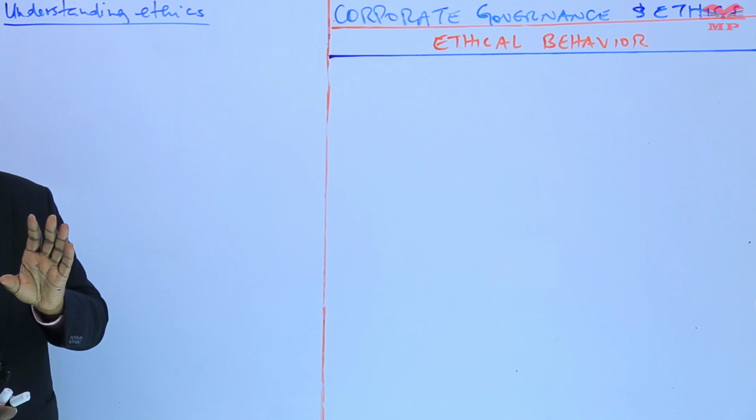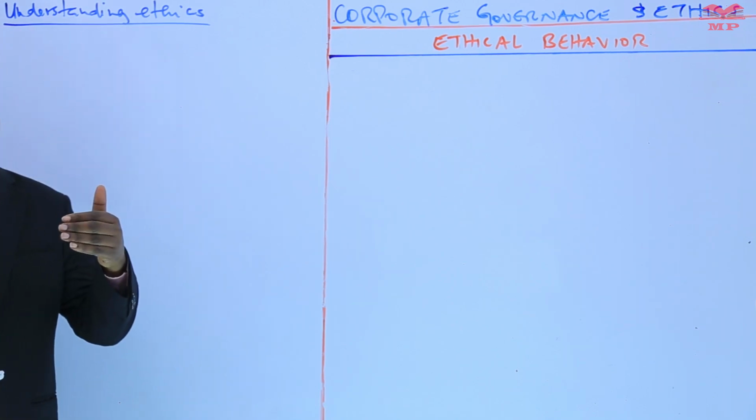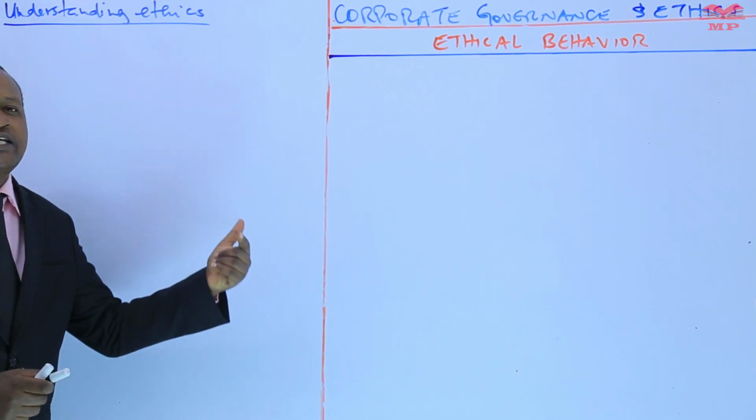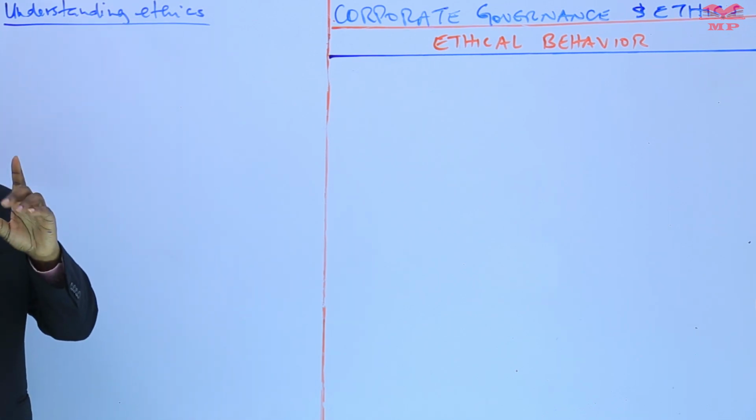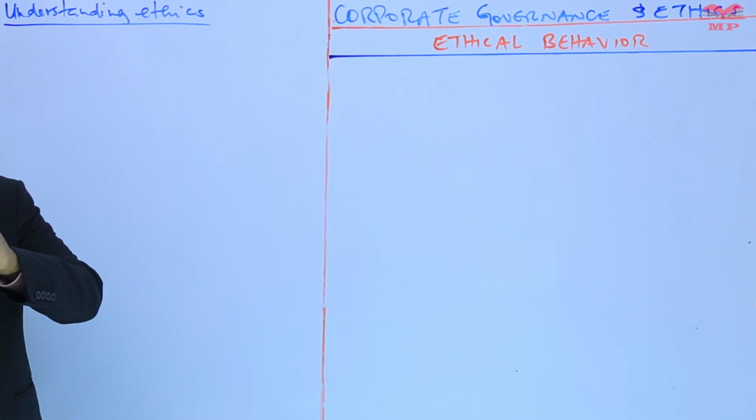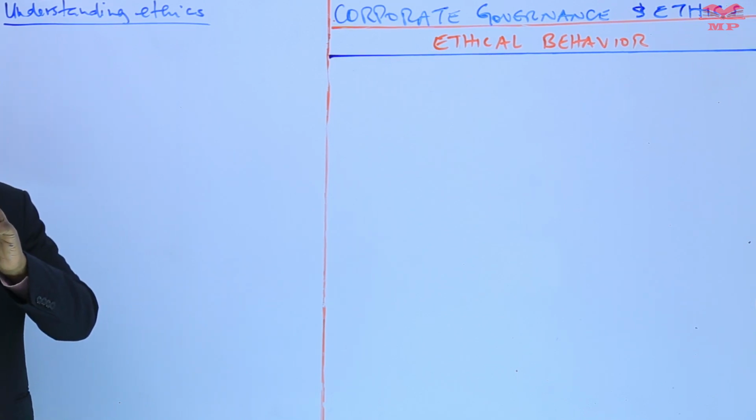It is a branch of philosophy that deals with the concepts of right and wrong. Right? It deals with what? The concepts of right and wrong.